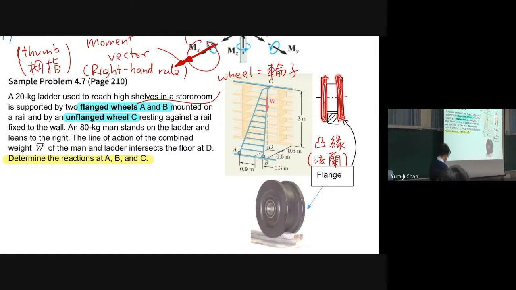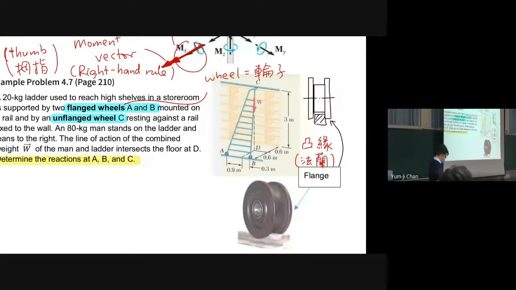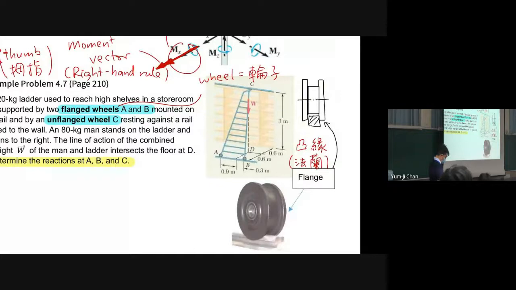It means the wheel cannot move to the left or to the right. But for an unflanged wheel, it can move to the left and to the right. Okay?